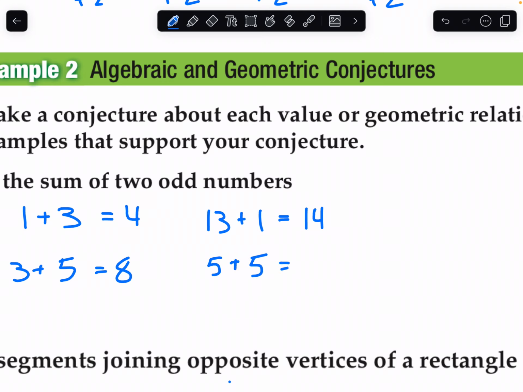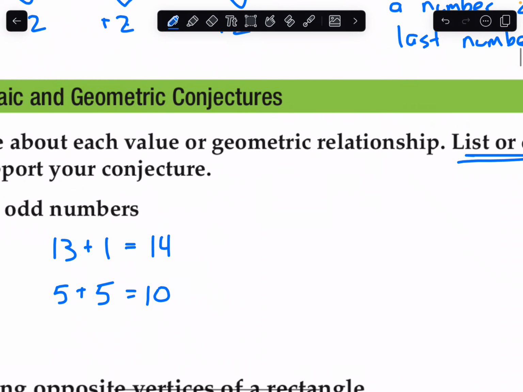What if it's the same number? 5 plus 5 is 10. Okay, what do these have in common? 4, 8, 14, 10. They're all even numbers. Does that make sense? Sum of 2 odd numbers is always an even number? That's what I'm going with.